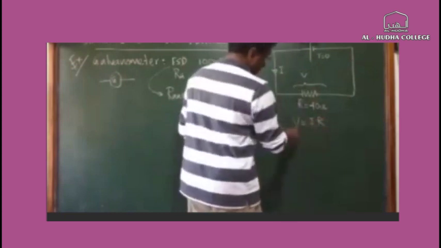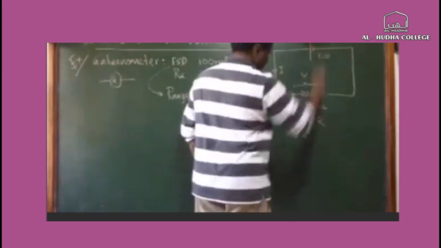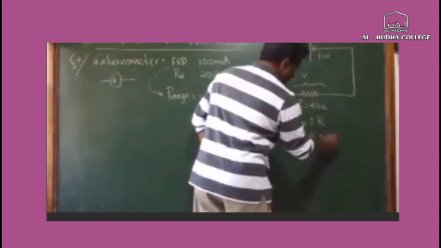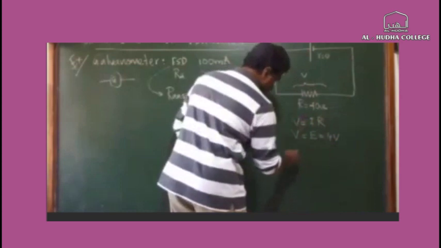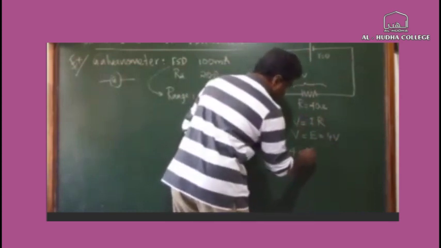Now this V is the same as E, that is 4 volts. So we substitute it here. 4 equals I into R, R is given 20 ohm.